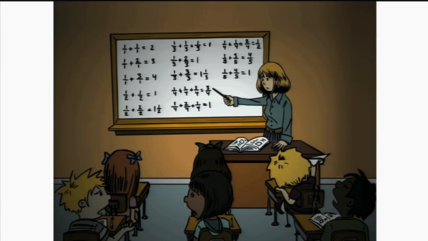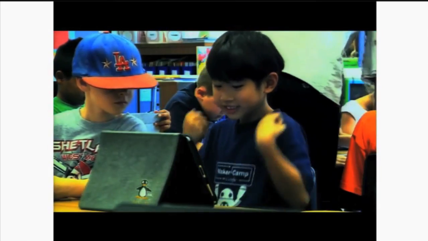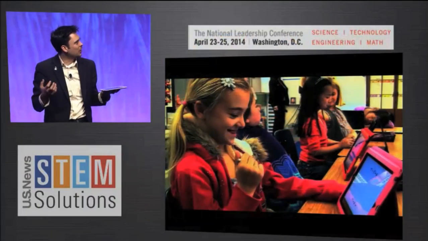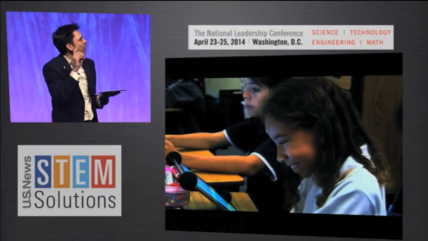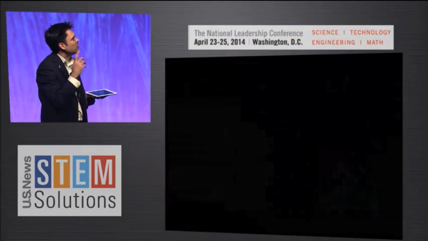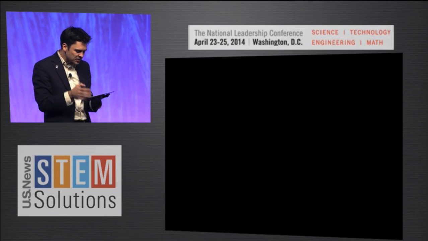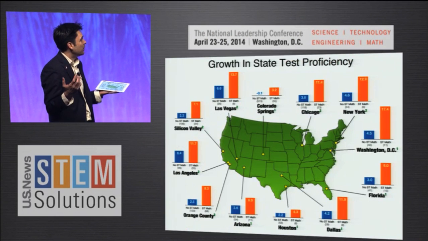Classrooms change from looking like this to looking like this, where kids own their own learning. They're problem solving, they're collaborating, they're figuring things out. They're feeling accomplishment in a subject area that is traditionally seen as the hardest thing. And so I really believe that if you fix math, you fix all of education. And so that's what we're trying to do. And it's working.